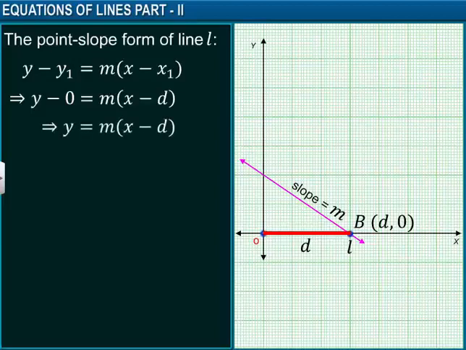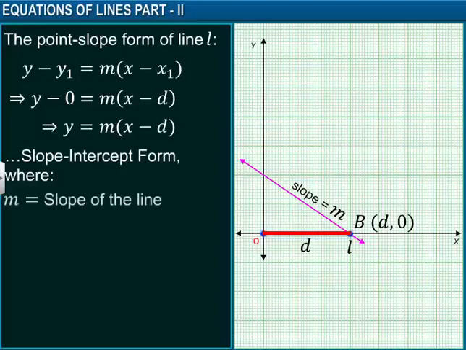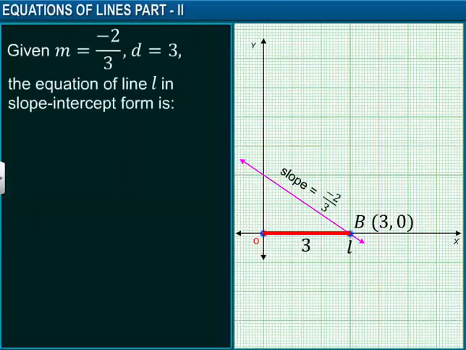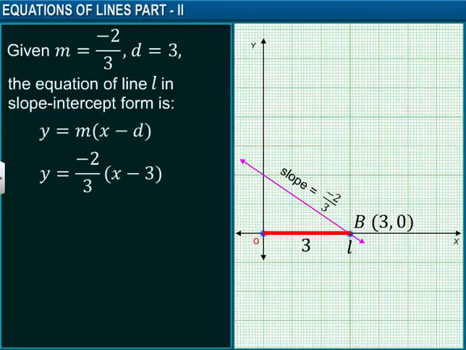This is the slope-intercept form of the equation of a line with slope m and x-intercept d. For example, let us find the equation of a line with x-intercept 3 and slope -2/3. Using the slope-intercept form, the required equation of the line is 2x + 3y - 6 = 0.